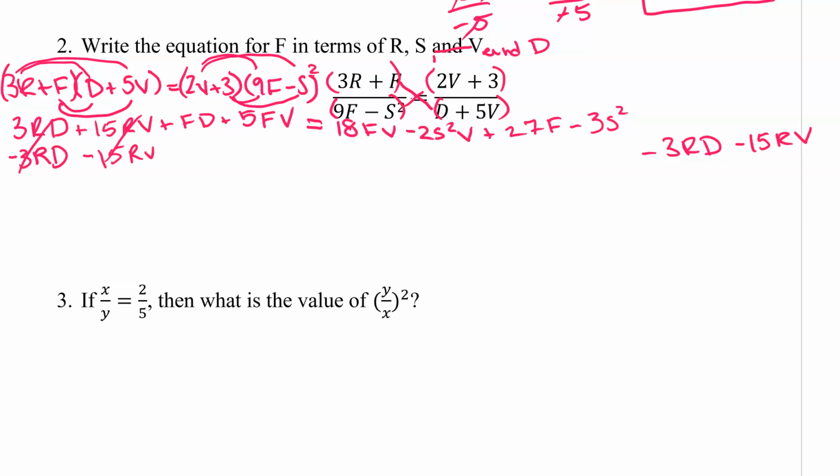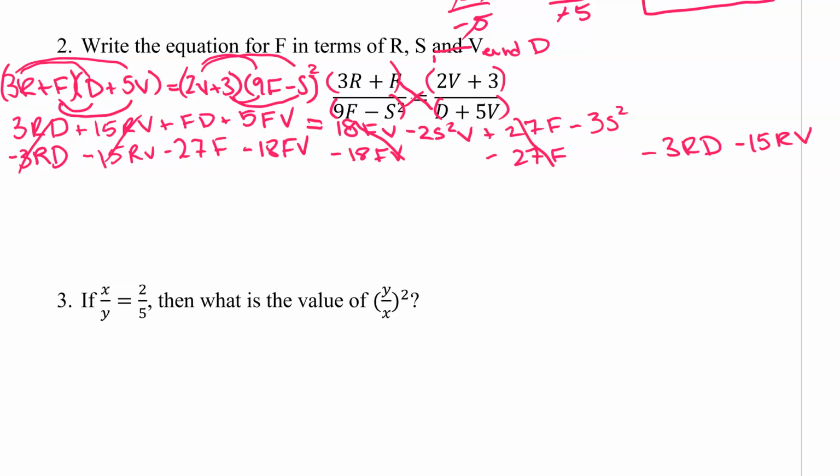Those both have f's, so they're going to stay where they are. Then I've got 27f, so I've got to move that to the other side. And then I've got 18fv, so I'm going to move that as well. This cancels and this cancels.